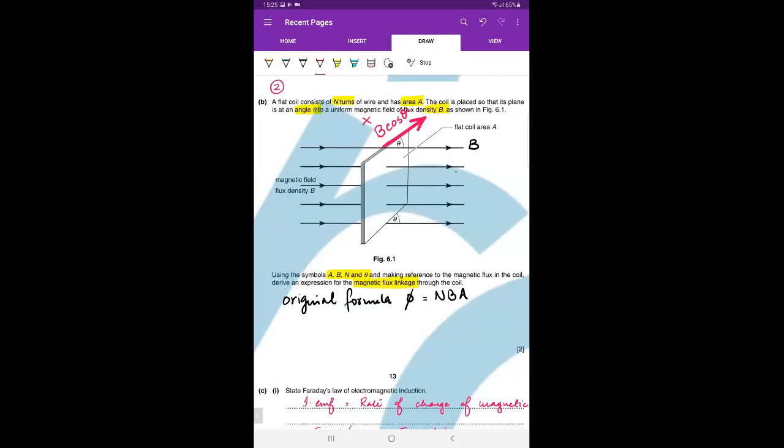So you can ignore this B cos theta, the orange or red one, because this component of the field line is parallel to the plane of the coil. Remove this. However, the one that is required is the one which I am constructing with the green marker.